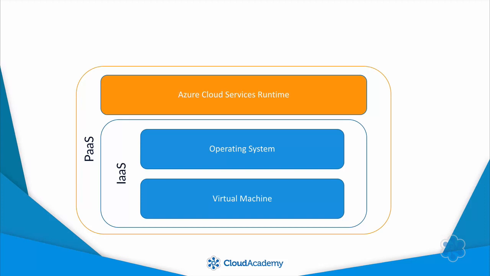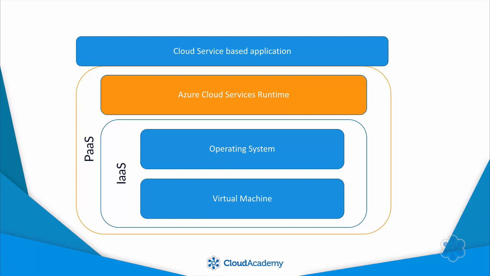This provides the managed service that allows us to deploy and configure applications without having to worry about the nitty-gritty of deployment as we might have to, for example, with PowerShell. Lastly, we create a cloud service application, for example, a .NET application with dependencies on the Azure Cloud Service SDK, which is designed to run on the Azure Cloud Services runtime. This is then packaged up using the Azure Cloud Services tools and deployed into a cloud service.